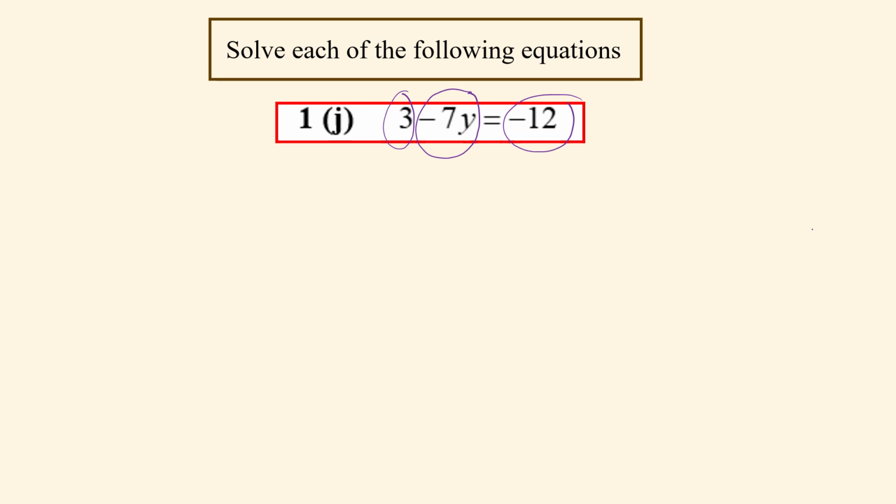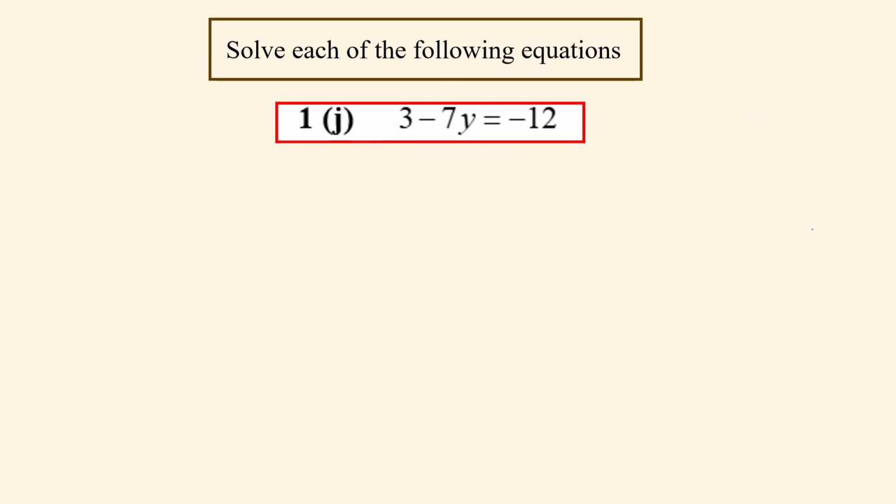Another thing to remember is 3 is actually positive 3, but we don't usually put the plus sign there. It's understood that 3 means positive 3, or any positive number, 5 means positive 5. So if you look at this equation, there are 3 terms there.